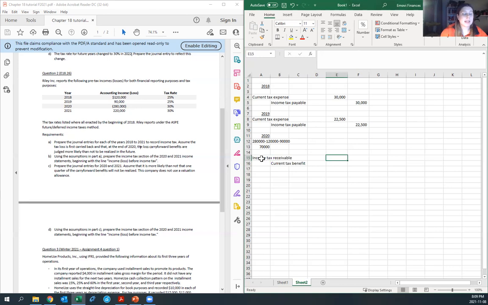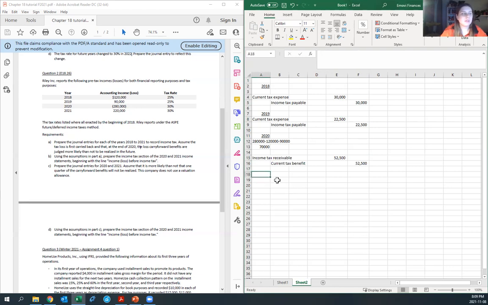What that does is basically you're going to receive the amount of taxes that you paid in the 2 previous years from the government. So it's going to be $120,000 times 25% plus $90,000 times 25%. And your current tax benefit is the same amount. So it's the same amount as those 2 expenses that you had.